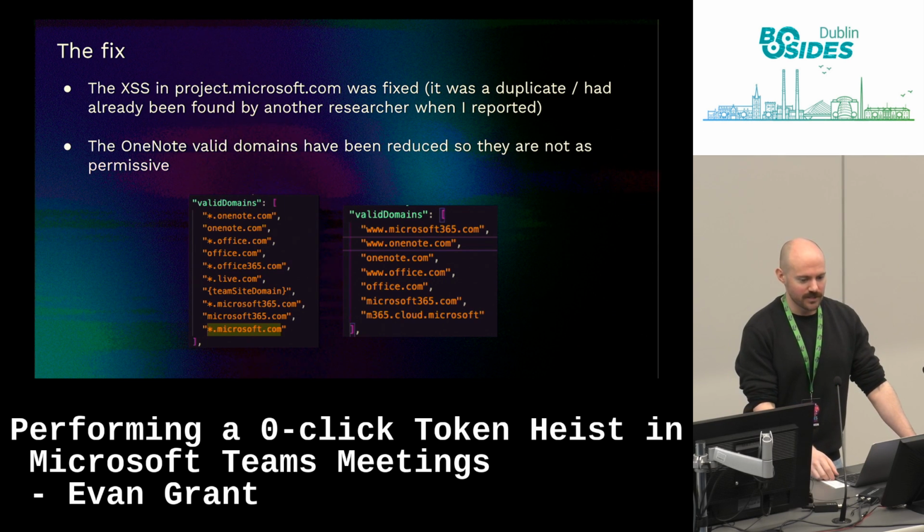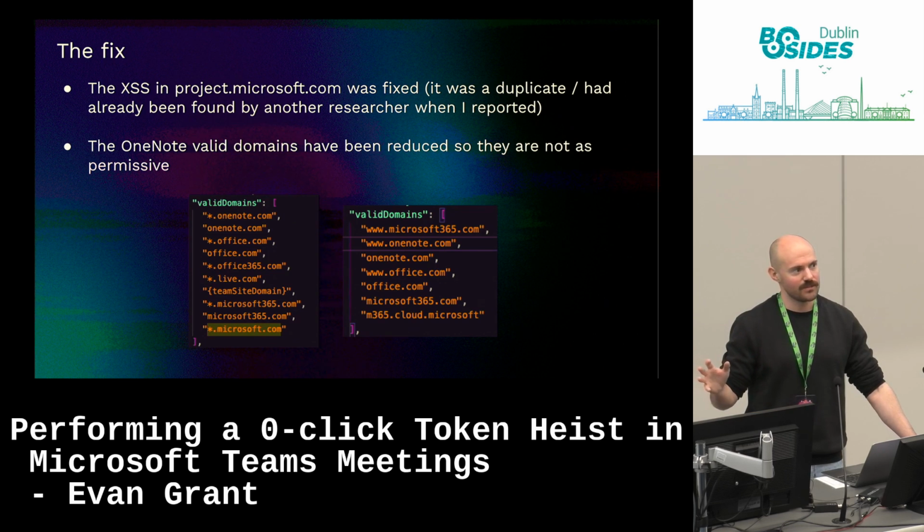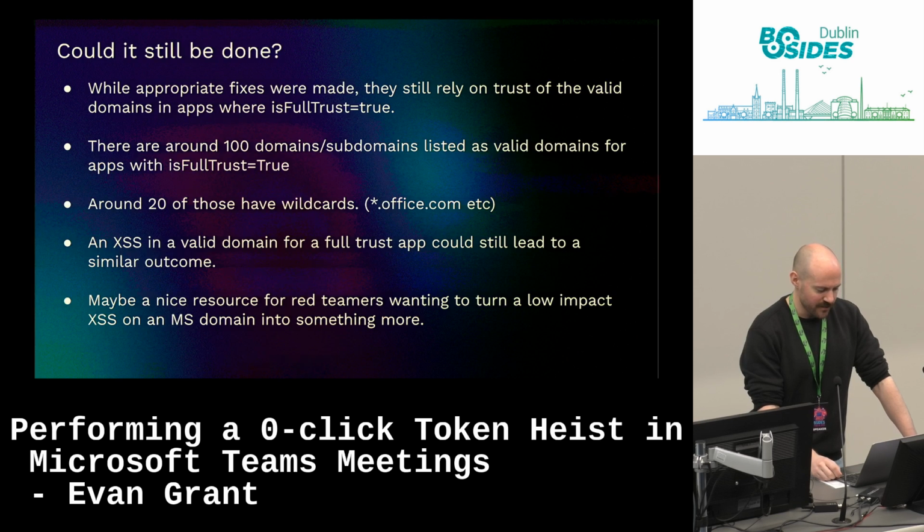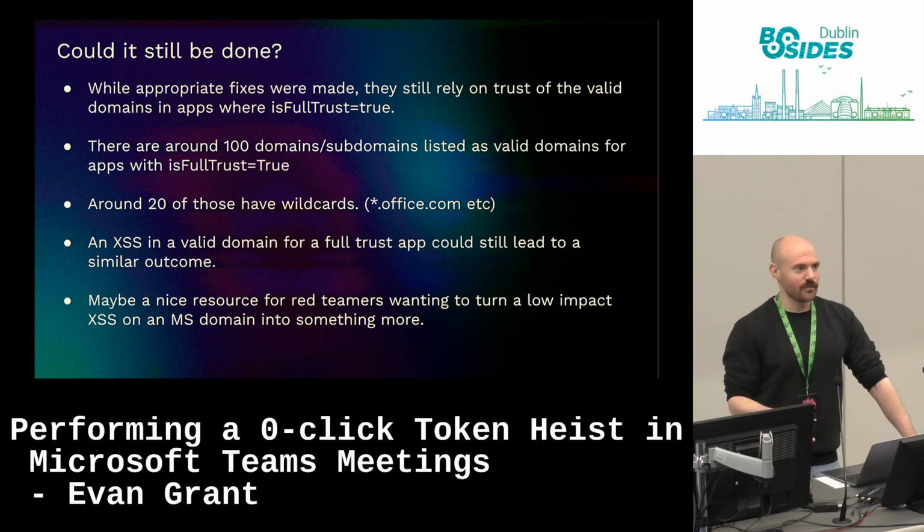I've reported similar bugs before, where you could point to *.dynamics.com or what have you, which allow user-hosted content, so it was much easier to do an XSS. You could just upload one yourself and then point to it. But Microsoft fixed that so that they're not as permissive. That being said, this can still technically be done if you go find a cross-site scripting bug on one of these valid domains for one of these applications.